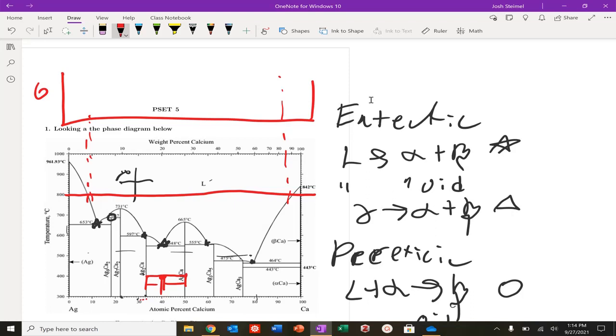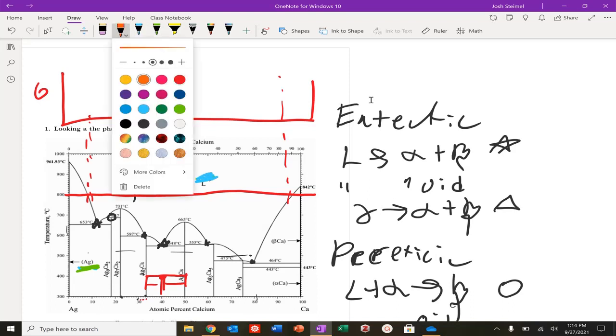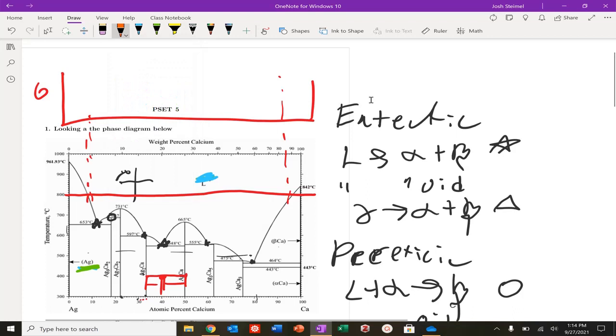So I'm going to say that basically Ag is this curve, this color. This phase right here, liquid, I'm going to change this right now. This blue is my liquid, and then finally, that orange is my beta here.